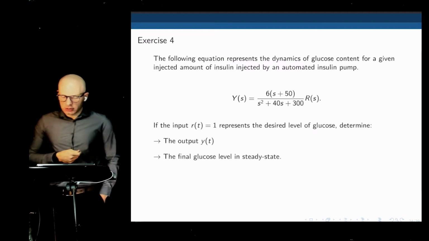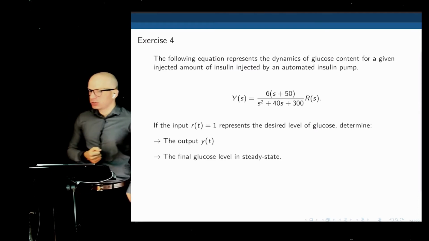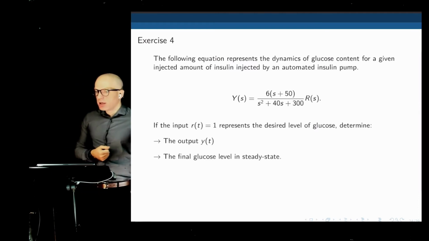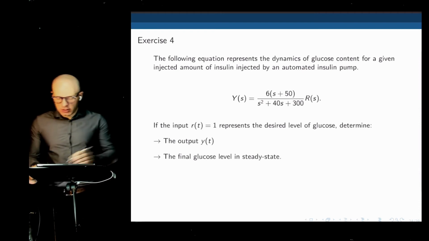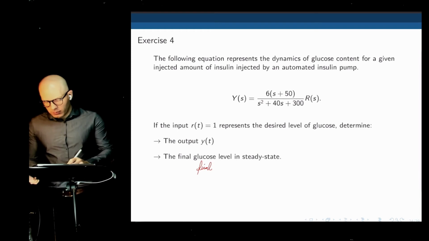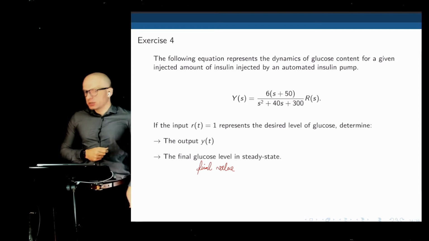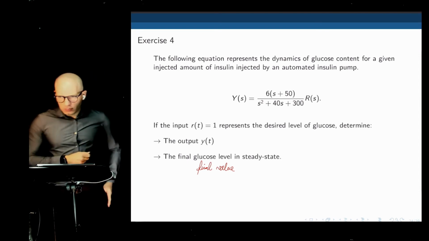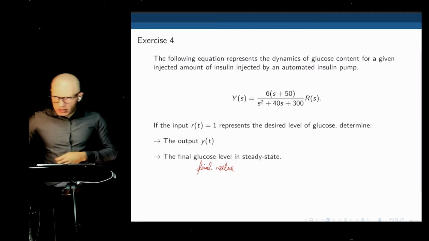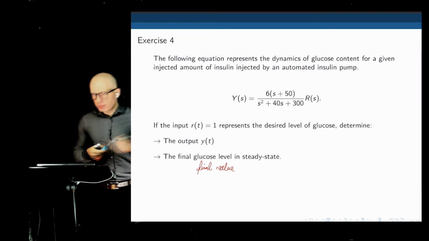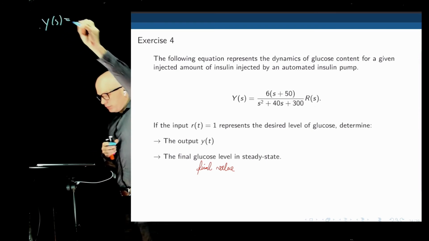Determine the output y of t, or the temporal response of the system to that injection, and determine the final glucose level in steady state, which means the final value. Okay, is the question itself clear? Yeah.